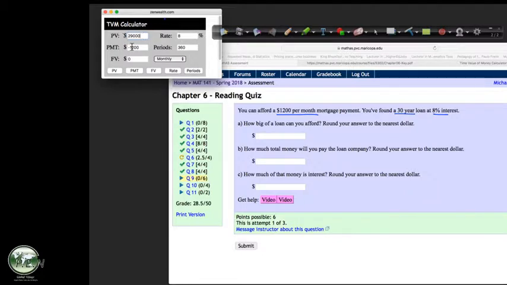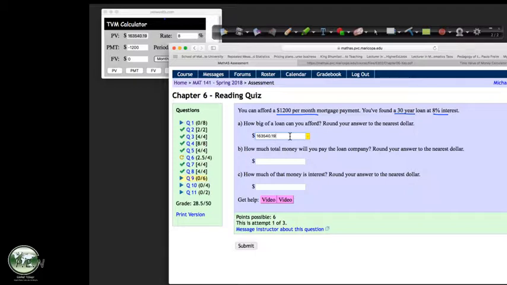So the first question is how much can we borrow? So that's going to be the present value. We will calculate on that present value. So we can borrow $163,540.19. And notice it's positive, because that's money coming to us that we're going to use to buy the house.